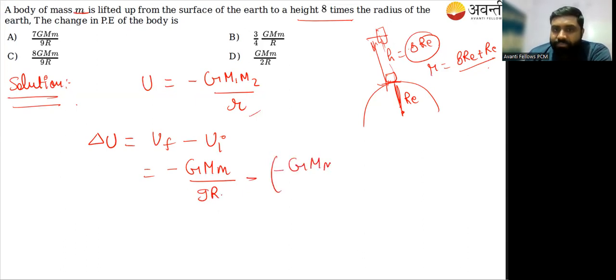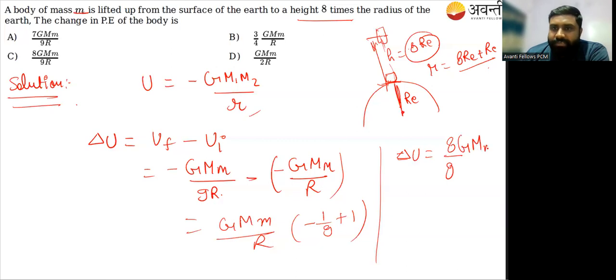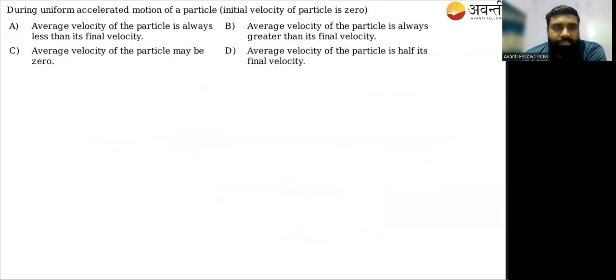Minus GMm divided by, initially it is on the surface, so it will be R. This minus minus will become plus. You can take GMm over R as common, so it will become minus 1 by 9 plus 1, which gives 8 by 9. So the change in potential energy is 8 by 9 times GMm over R. This one will be the correct one. Look how simple this is. So move on to the next one.